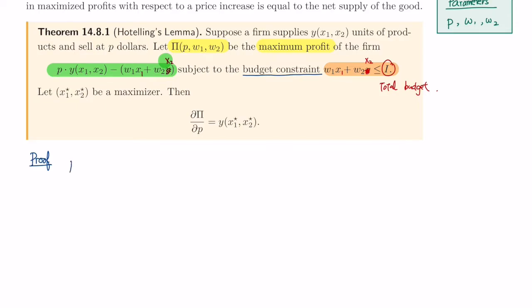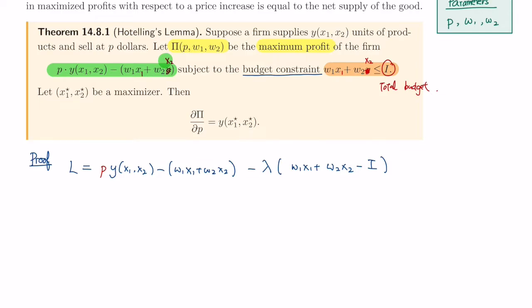The Lagrangian in this case is P times y of x1, x2 minus the total cost. And now I have only one inequality constraint, so minus lambda times W1 x1 plus W2 x2 minus I. So this is the Lagrangian.